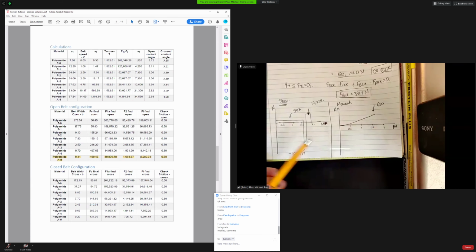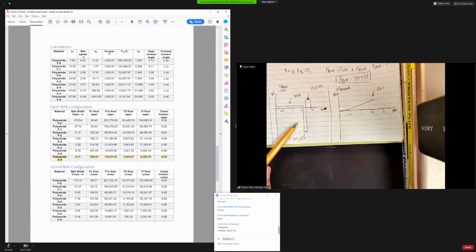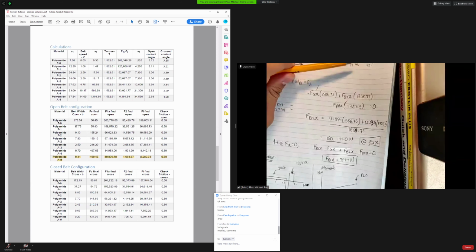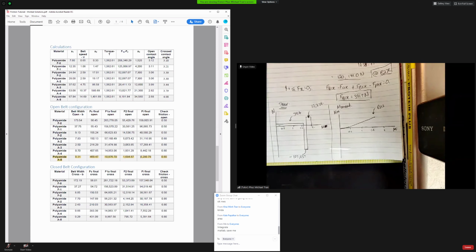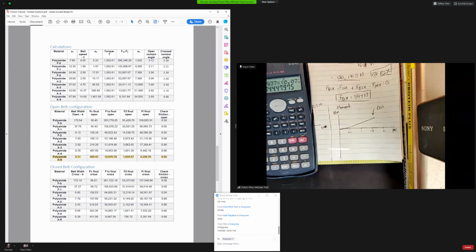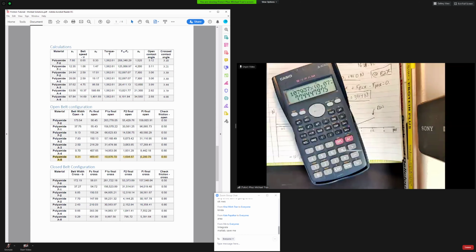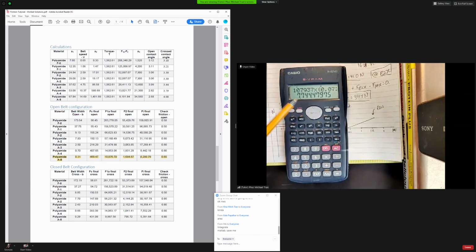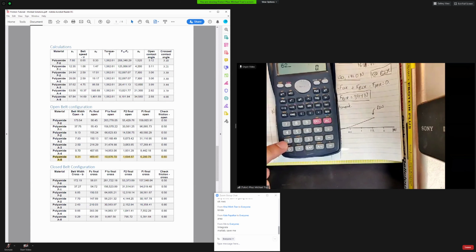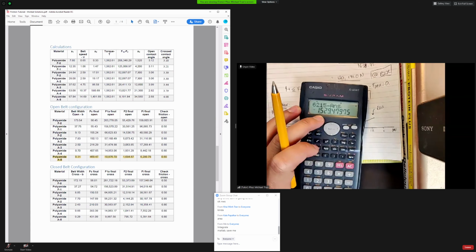And then the area under this part times that distance. So that value is 107,937 times 0.07175. So you would take that and then subtract that point by this. So 6215 minus, that would be negative 1530.